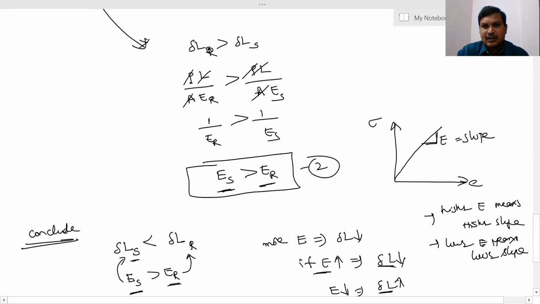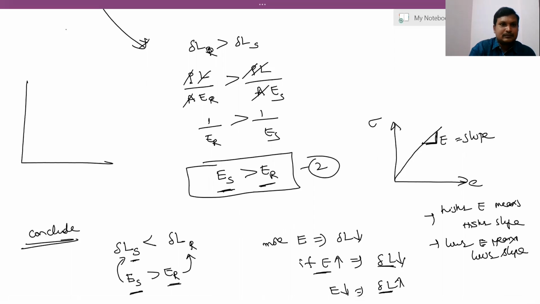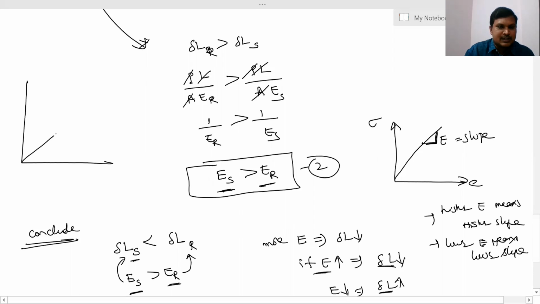So the higher the E, the higher the slope. This is one Young's modulus, and this is another Young's modulus. Which one has the higher slope, the higher Young's modulus? Steel. Which one is the lower Young's modulus? So Young's modulus of steel is greater than Young's modulus of rubber.